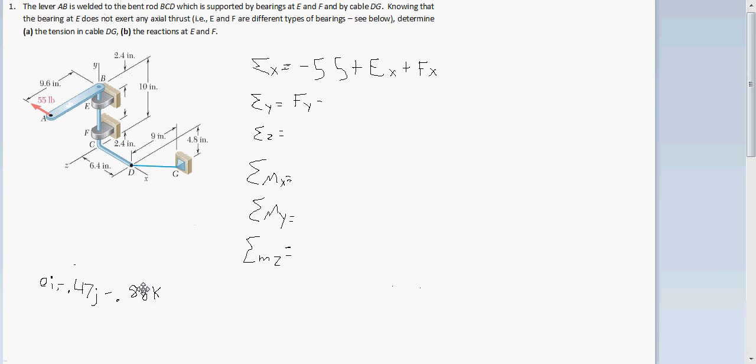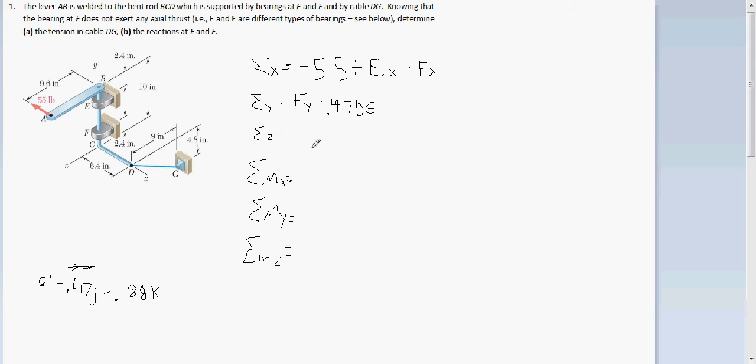Okay, so it's a negative y force, so minus 0.47 DG, and I got that from right here. That's the unit vector.